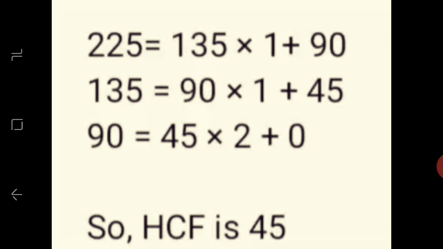The third step in the division gave you 90 equals 45 into 2 plus 0. So that 0 is your remainder, and that's why 45, that was your divisor, becomes the HCF. So this is how we have got the HCF of the given two numbers by using Euclid's division algorithm.